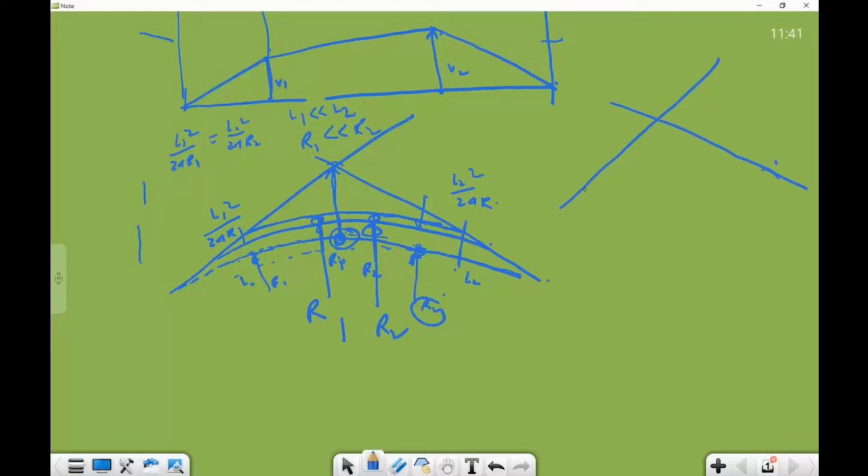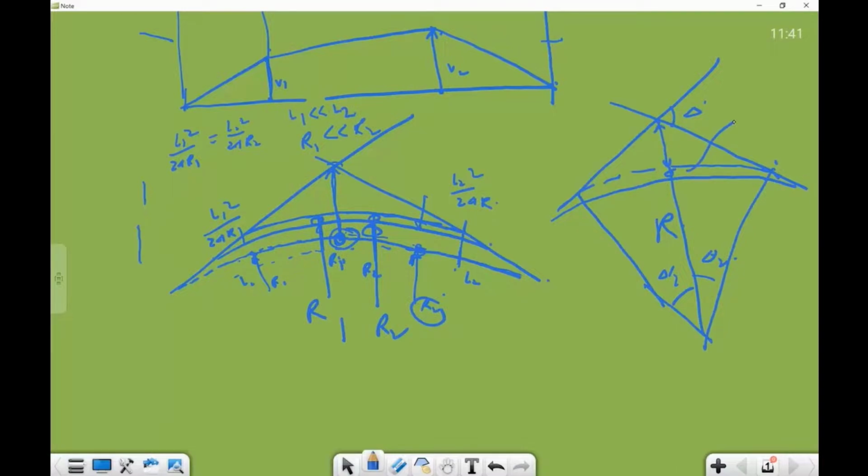You can just appreciate this. अगर ये मेरा इक्विवेलेंट सर्कुलर कर्व है, this is radius r, this is radius r, this angle is delta, this angle becomes delta by 2. ये ज्योमेट्री से आप देख सकते हो. Now what I want is this value, ये लोकेशन, this shift is equal to L square by 24r, ठीक है ना. This is radius r.